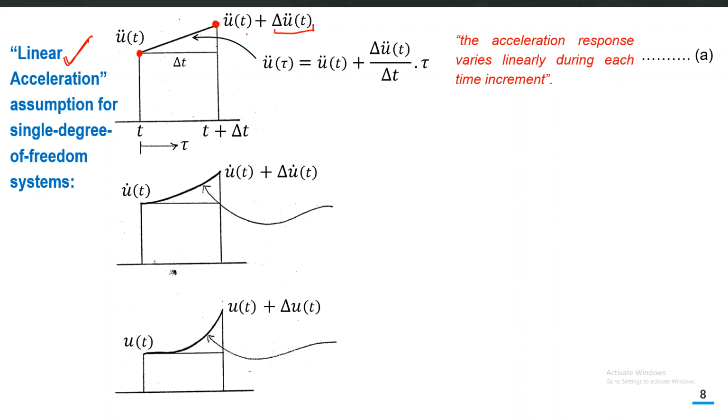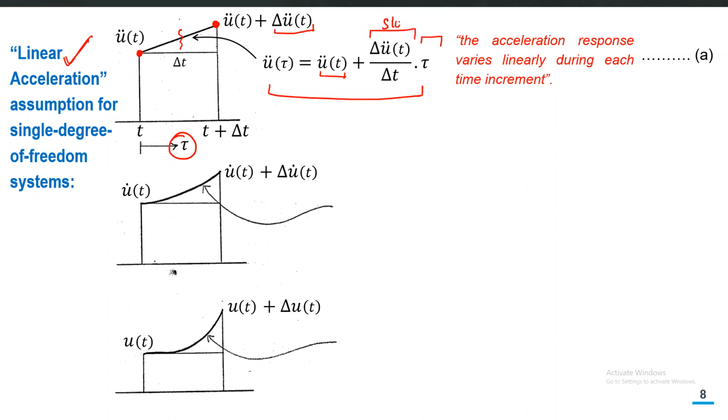So if this delta u dot dot is the increment in the original acceleration between time t and t plus delta t, at any general time instant equal to tau, we can write the linear equation for a line. u dot dot of any tau will be equal to the original value plus slope times the horizontal distance.